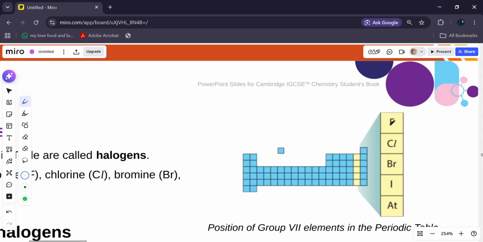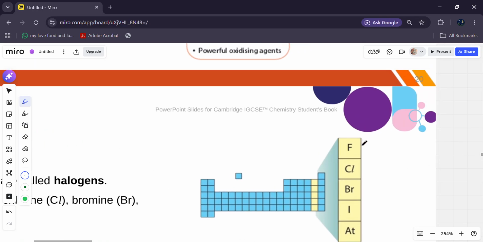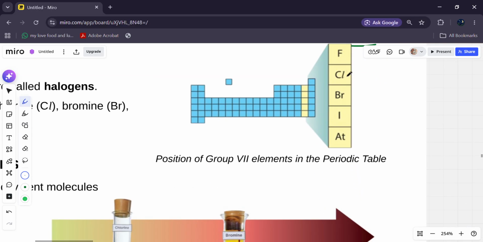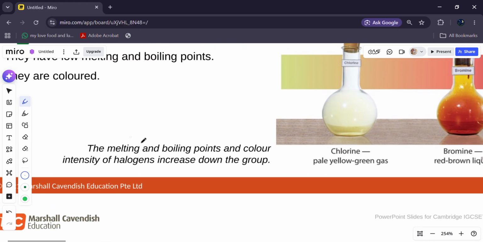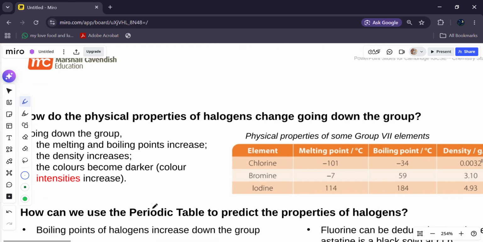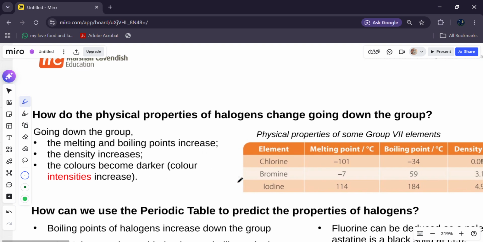That means fluorine has the lowest melting and boiling point, while astatine has the highest melting and boiling point. So it increases as it goes down the group. As you go down the group, the melting and boiling point increase and the density increases.